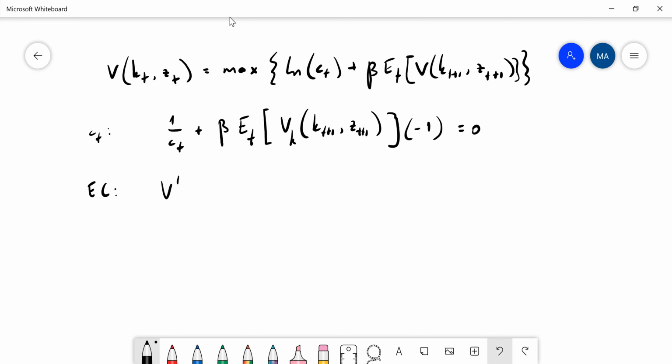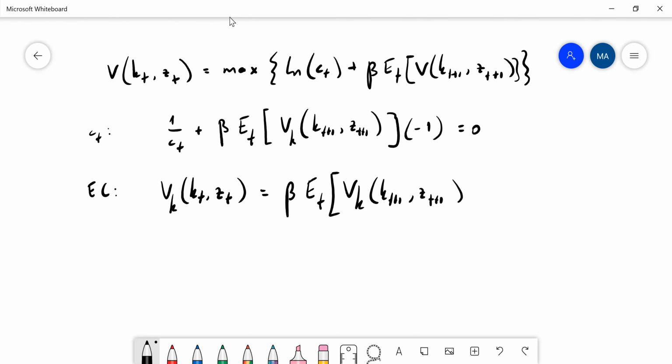So you are going to have v_k(k_t, z_t). Notice that I'm not writing any expectation operator here because this is what you know at t. Then you're going to have beta, again expectation, v_k(k_{t+1}, z_{t+1}), then alpha lambda k_t^{alpha-1} e^{z_t}.